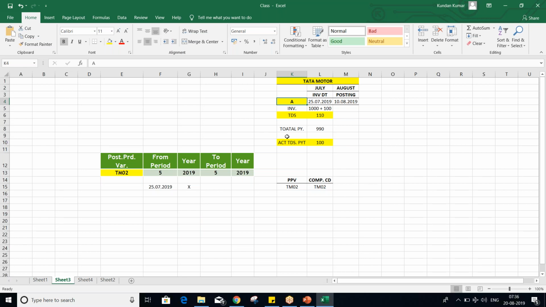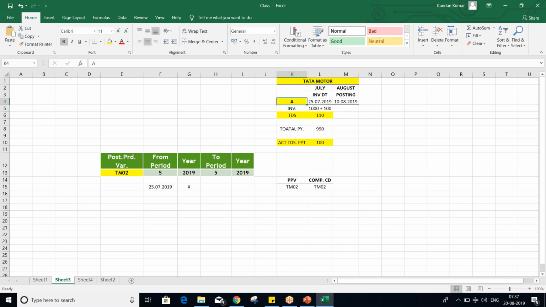This person does not have authorization to open the previous period. So he or she has to approach the team leader or the manager, requesting them: I have made a mistake and the invoice which belongs to 25th of July is not posted yet. Kindly open the previous period so that I can post these transactions on the correct posting date.